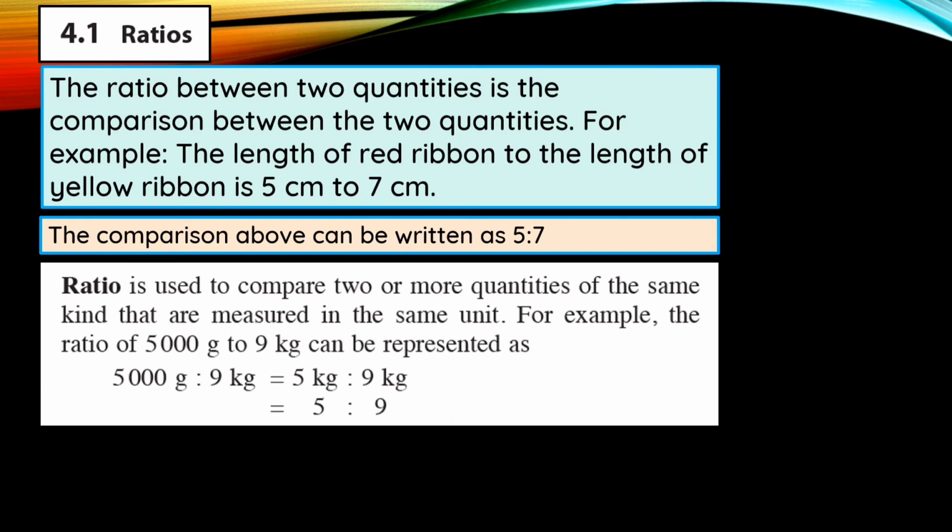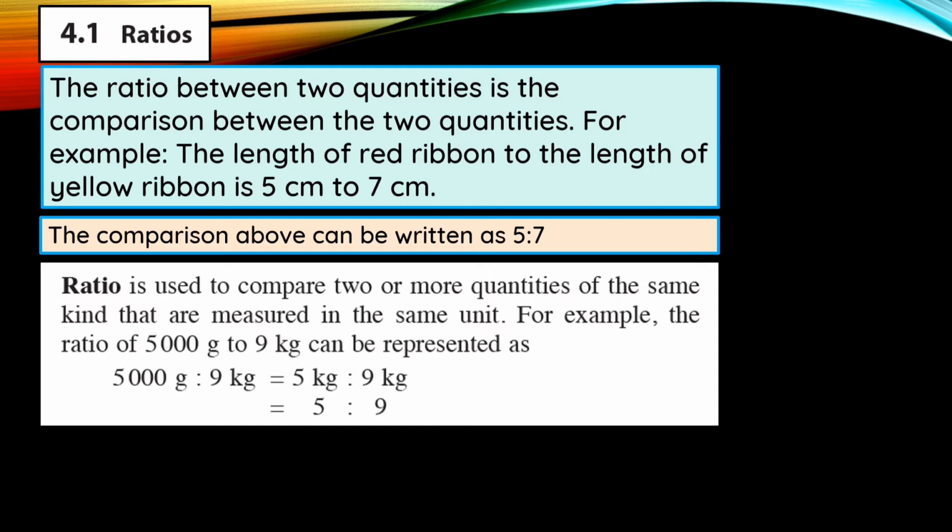Ratio is used to compare two or more quantities of the same kind that are measured in the same unit. For example, the ratio of 5,000 gram to 9 kilogram can be represented as 5,000 gram ratio 9 kilogram, equal 5 kilogram ratio 9 kilogram, equal 5:9.